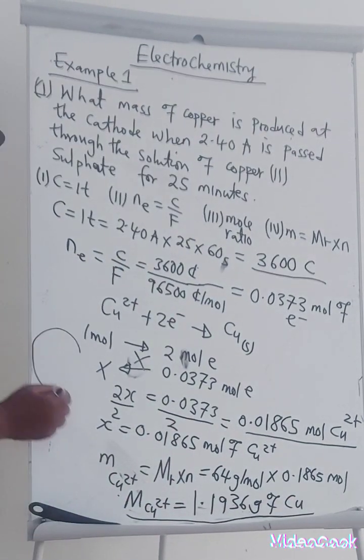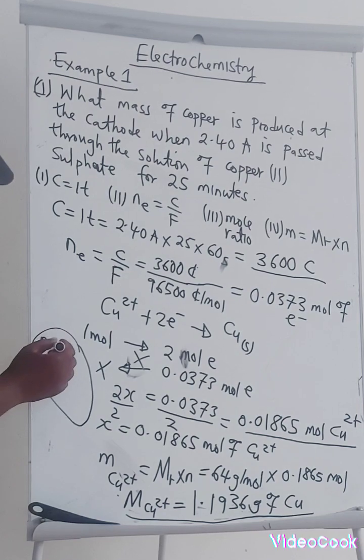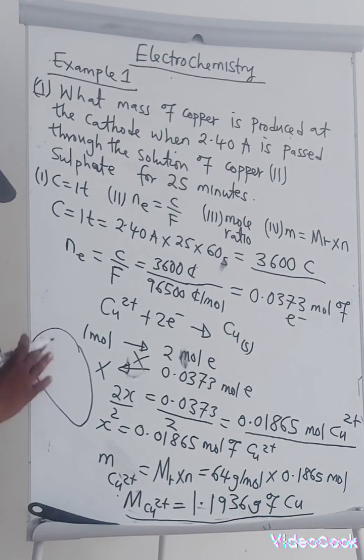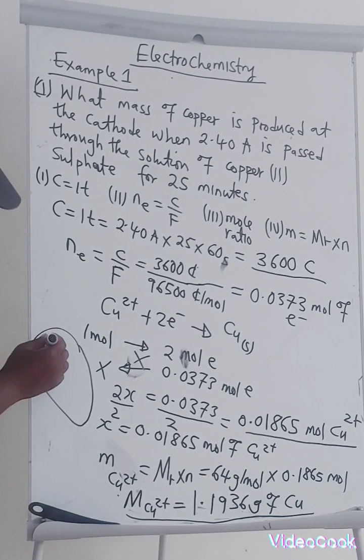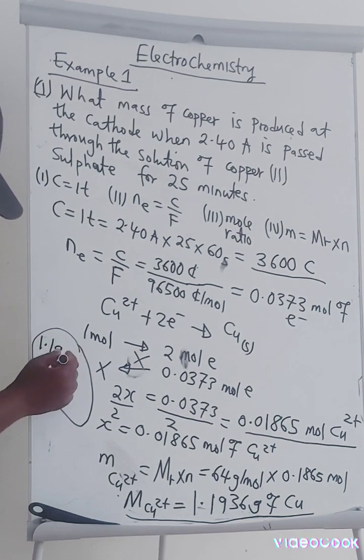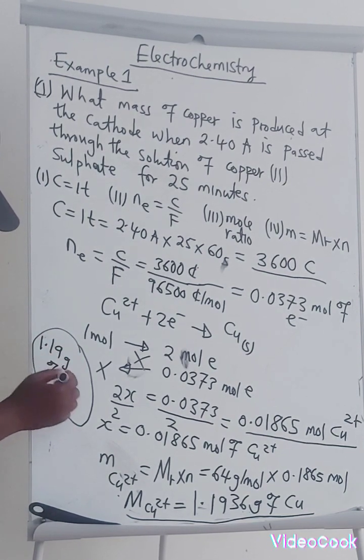So we have about 11.9 grams of copper produced.